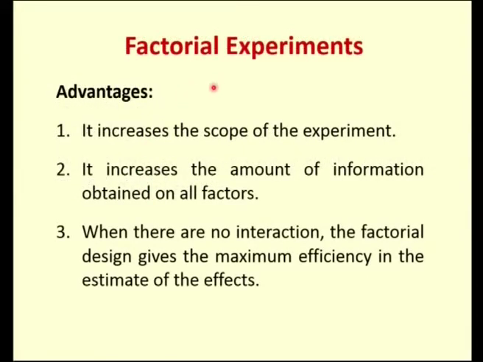And the advantages of factorial experiment is it increases the scope of the experiment, because we are studying not only the effects of the treatments, also the interactions between the different treatments. It also increases the amount of information obtained on all factors. When there is no interaction, the factorial design gives the maximum efficiency in the estimate of the effects.